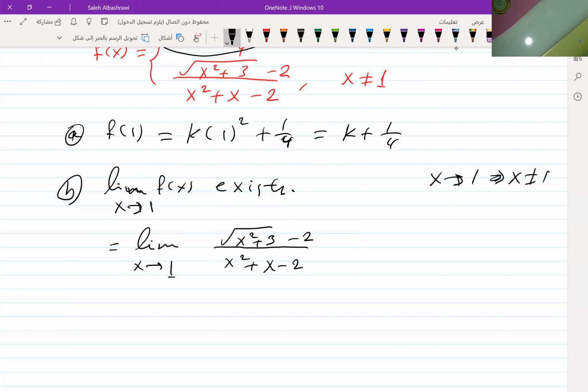And if you replace x by 1, you will have 0 over 0, which means that we have to simplify it. So I have to multiply by the conjugate to find the limit in this case. The conjugate is square root of x squared plus 3 plus 2. Just change the sign between the two terms, and it must be up and down.